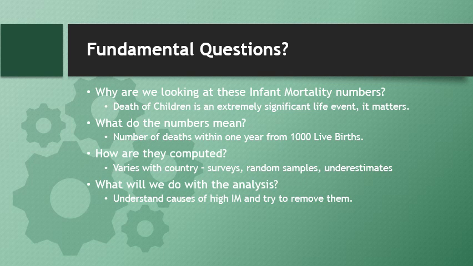So what does the infant mortality number mean? What does it mean to say that infant mortality was 222? Well, basically the number is supposed to measure, you have 1,000 live births, and then you trace these children to make sure they live for 1 year. Any child that dies within the first year is considered a mortality. So if you have 200, that means of 1,000 children who were born, 200 children died.